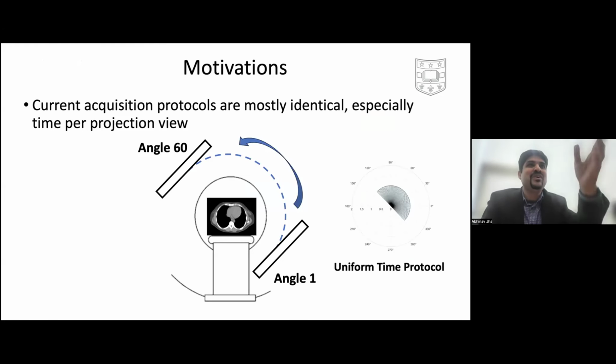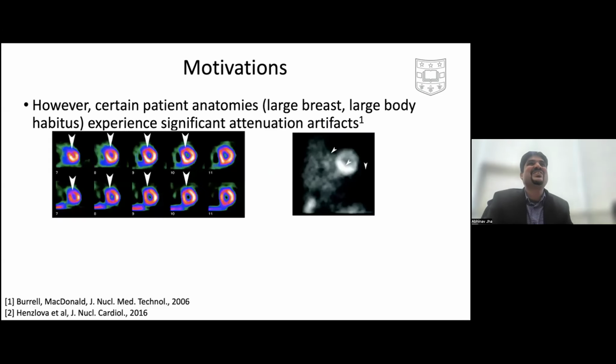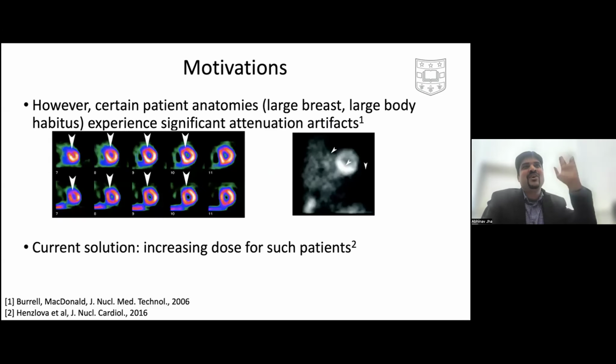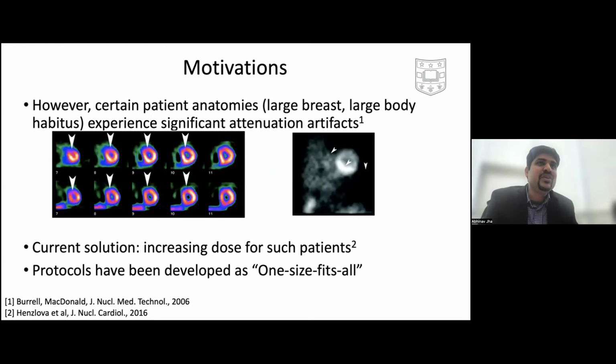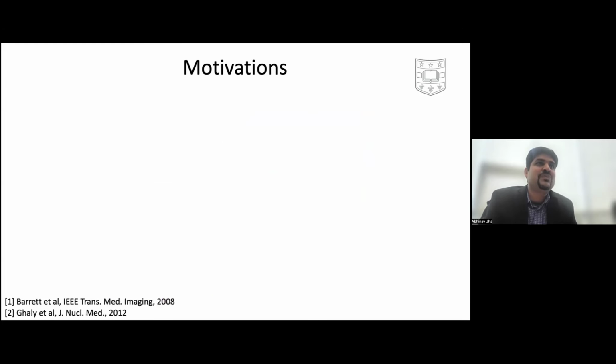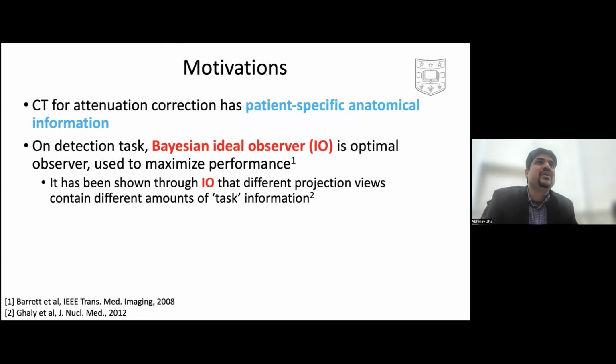Yes, this is an area I find exciting, so I will take some time of my own to do that. The way we do it is, and hopefully I've been able to give you some arguments on why we need to do it: why do we need to go from one size fits all to more personalized imaging?